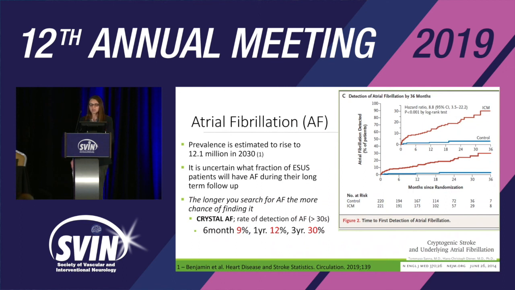As you can see, as time goes on, the bottom axis here is months and this is the rate of AFib detection, the amount of AFib just increases over time. At 30 months, I think it was 30% of AFib was found. And this is in patients with a cryptogenic stroke. And this is using a threshold of 30 seconds of AFib.